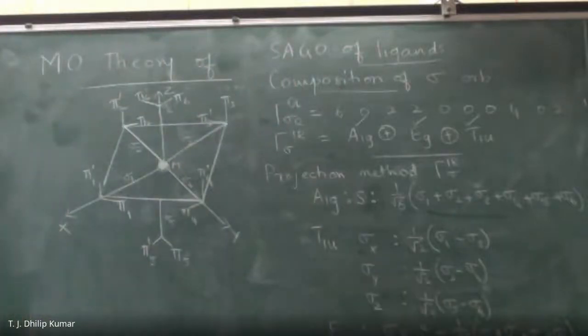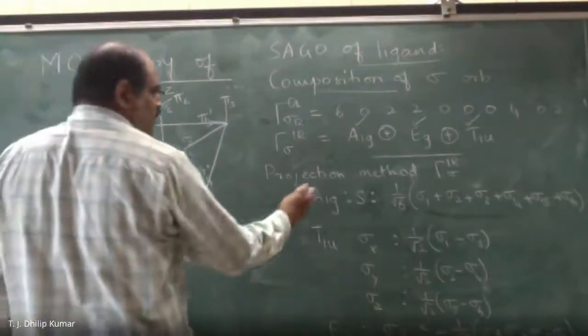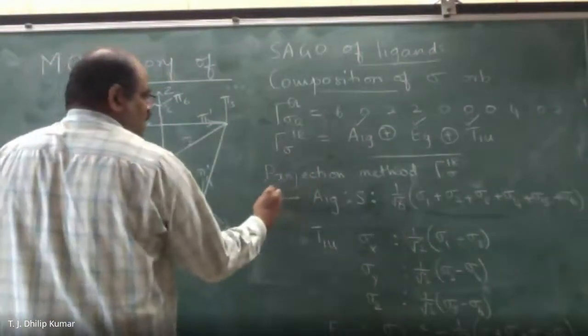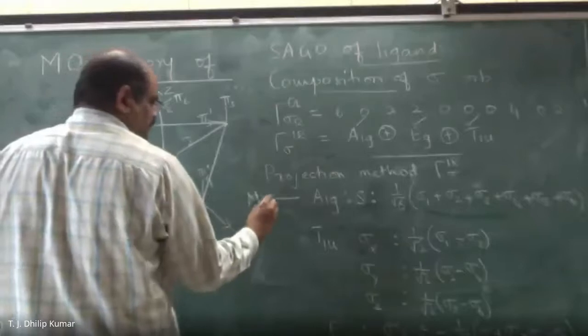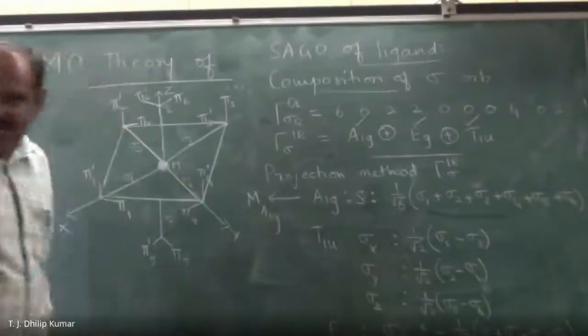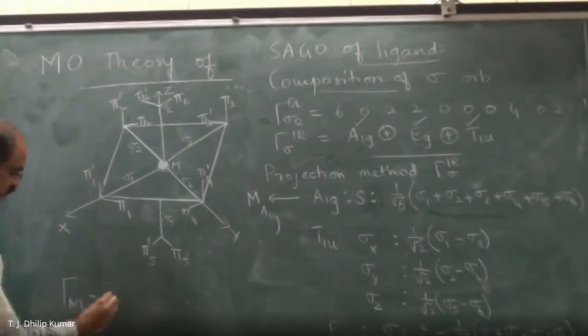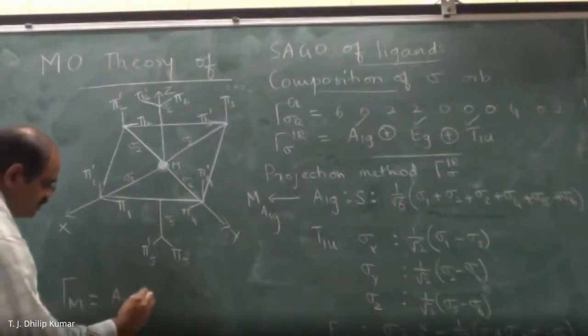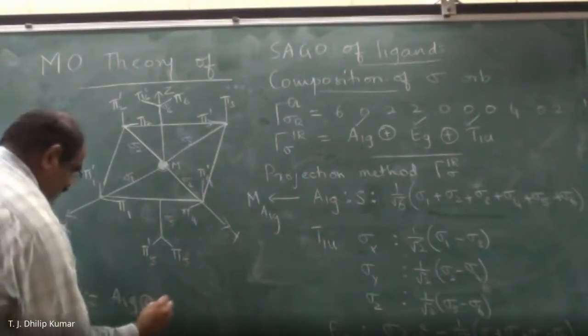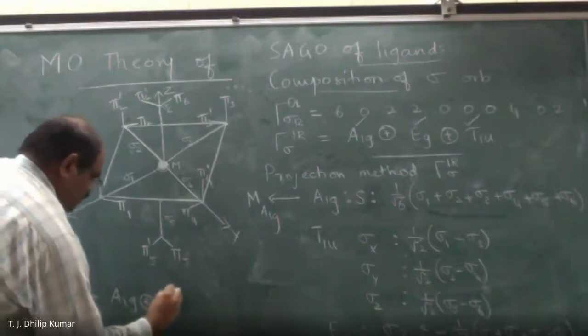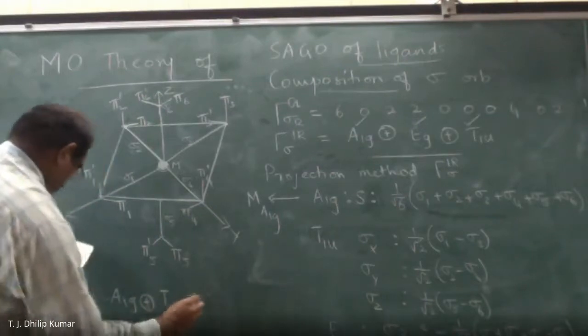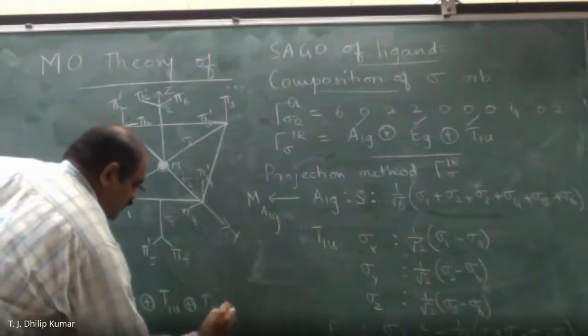Okay, with this, I would say this A1g orbital of sigma overlaps with metal A1g. I'm going to write the metal orbitals again somewhere on this board. So I wrote in the first, A1g plus what we wrote, T1u plus T2g plus Eg.